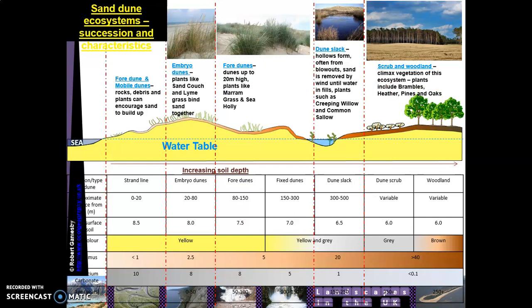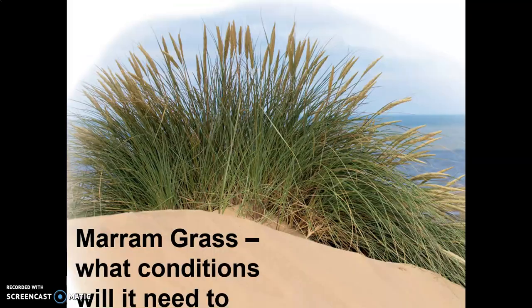And you can see this if you go on holiday, that right at the beach front you've obviously got the sand and some sand dunes of grass, and then further inland you might get the bushes and trees forming because of this vegetation succession. Marram grass is one of these vegetations that start to form.